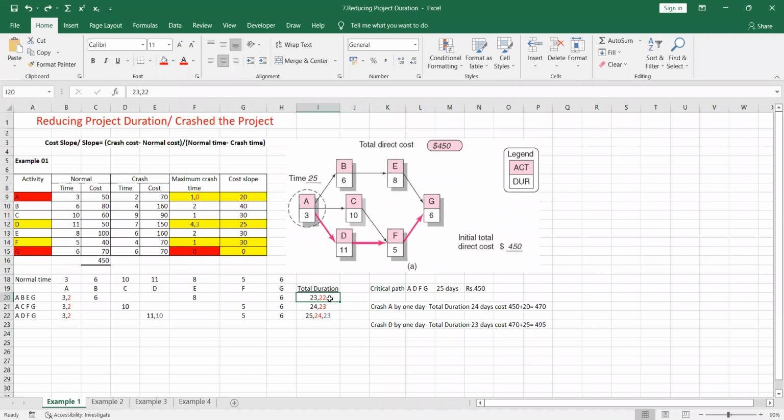And you have to do all this with me, otherwise you will not get the flow of this calculation, right? So for the second path, it should be 23 total duration. For the third path, the total duration is 24. Previously we had a 25 duration, now it is 24, right?